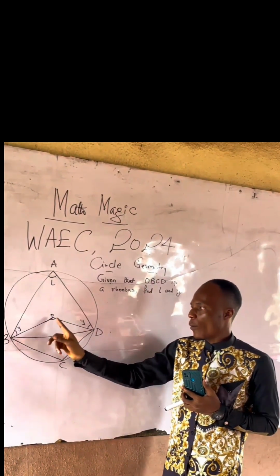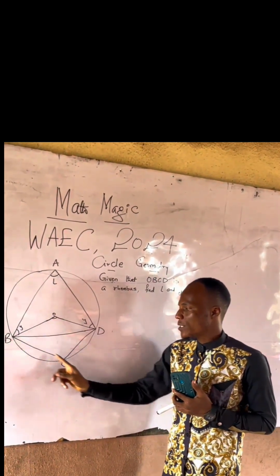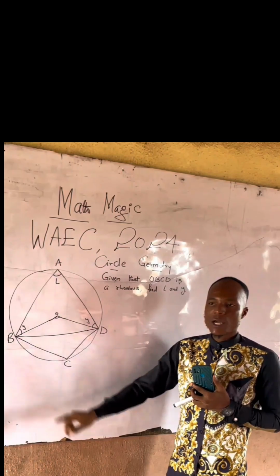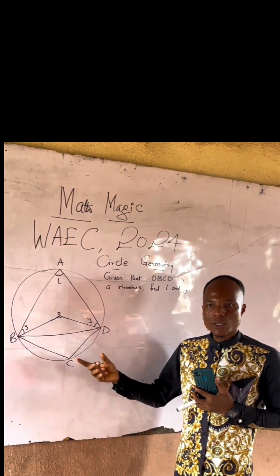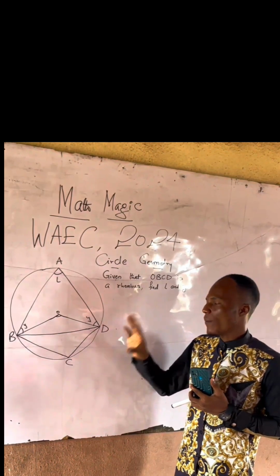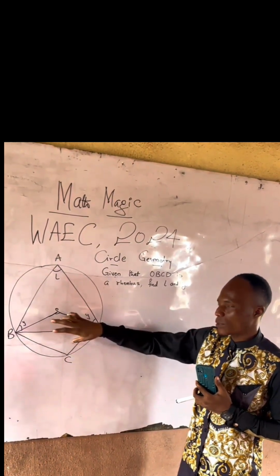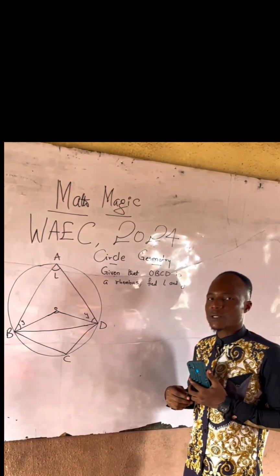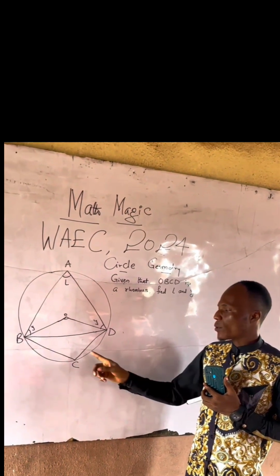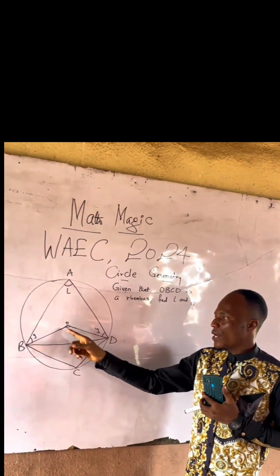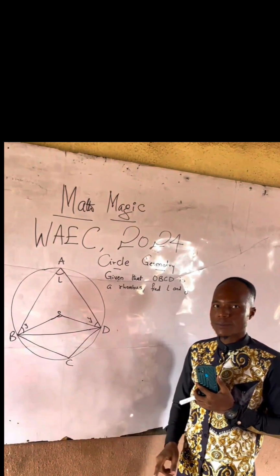So you are to be aware that OBCD is a rhombus, so you need to know the properties of a rhombus. There is a particular property that is important in this question. It is for you to know that the opposite angles in a rhombus are equal.